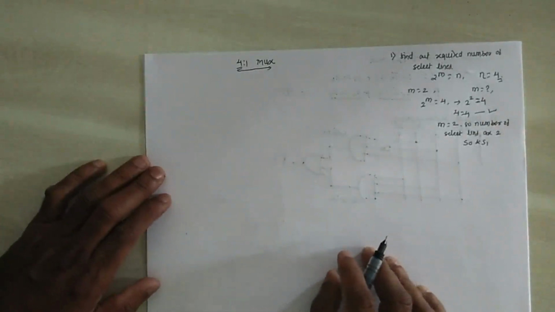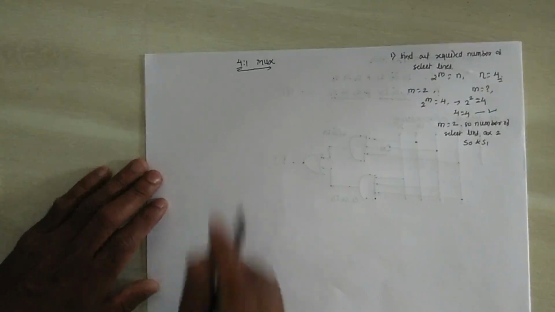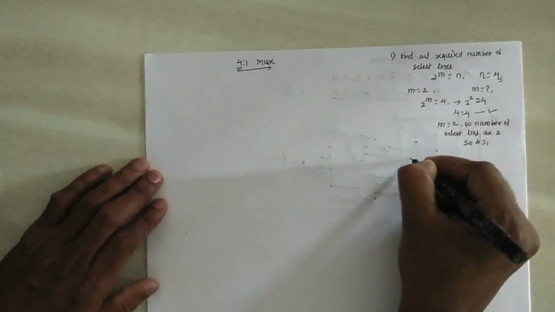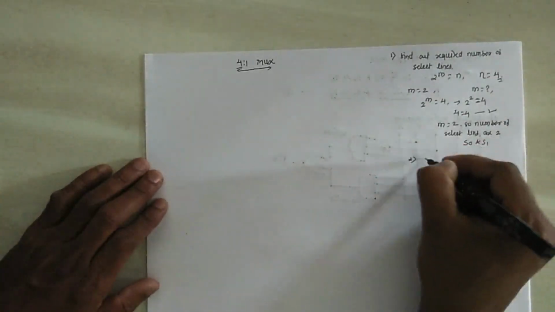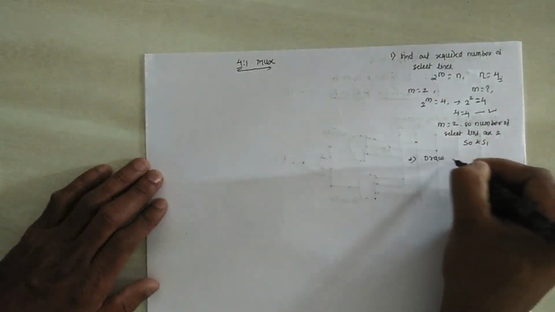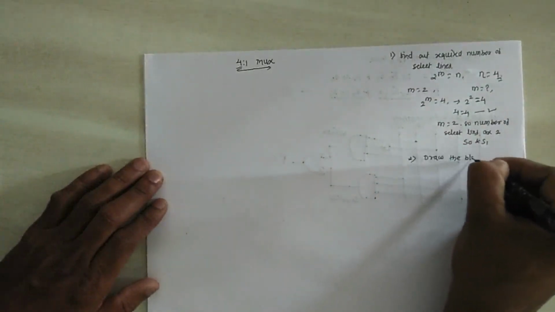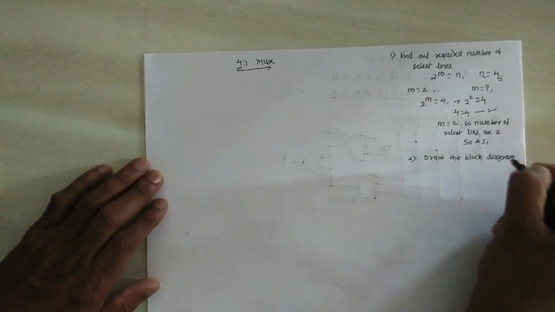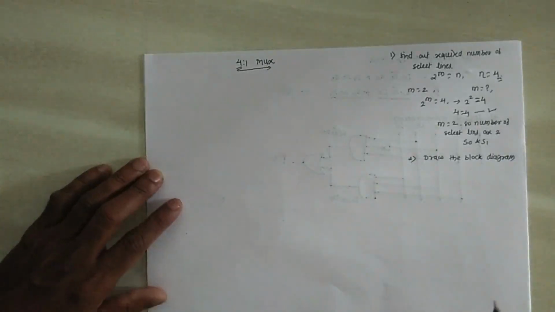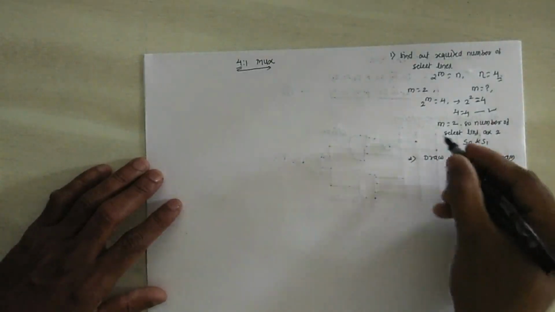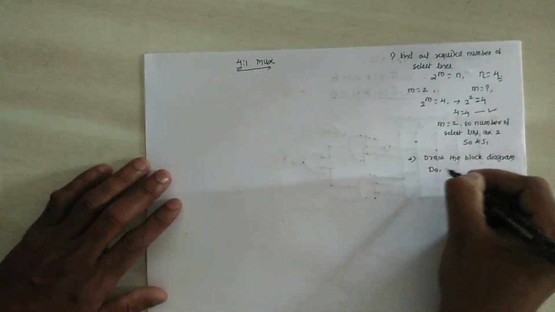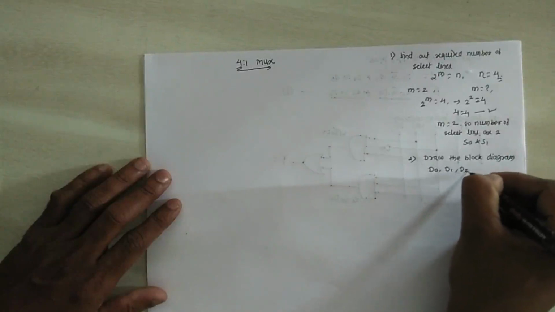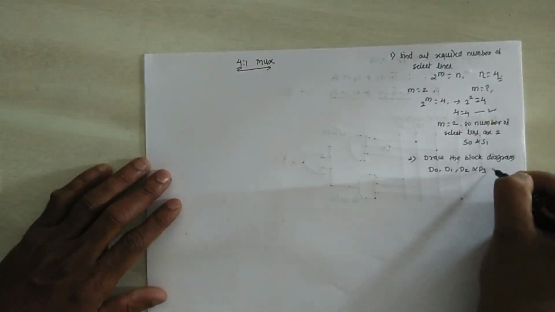Once we are able to find out the number of select lines, then go through with the second step. Draw the block diagram. To draw the block diagram, we have to know that there are 4 inputs. Consider inputs are D0, D1, D2 and D3.